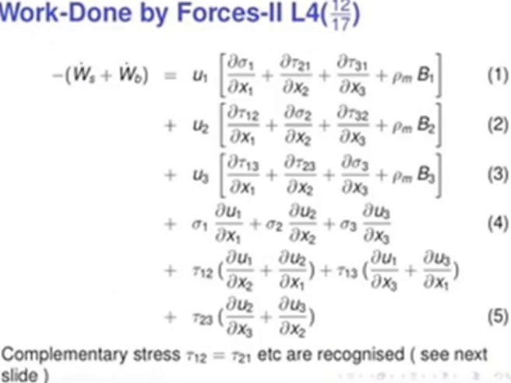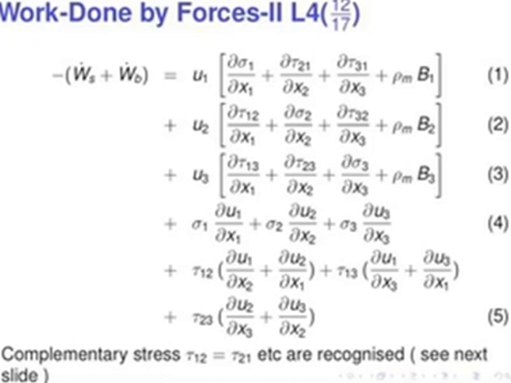So, the total work done will be u1 multiplied by all these terms, u2 multiplied by all these terms, u3 multiplied by all these terms, plus sigma 1 du1 by dx1, sigma 2 du2 by dx2, sigma 3 du3 by dx3, tau 12 into the strain rate associated with tau 12, tau 13 into the strain rate associated with tau 13, and tau 23 into the strain rate associated with tau 23.